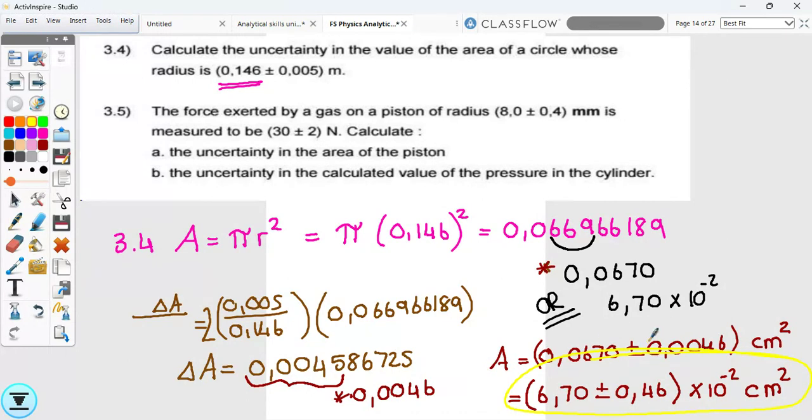We don't like clumsy zeros. So this would definitely be the best answer, which is based on this one here. I hope you all follow that one. Any questions on that one?